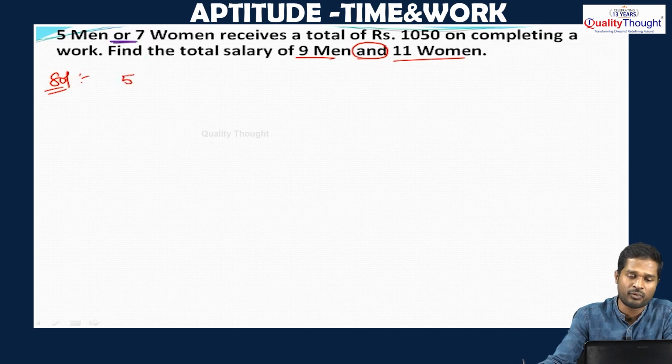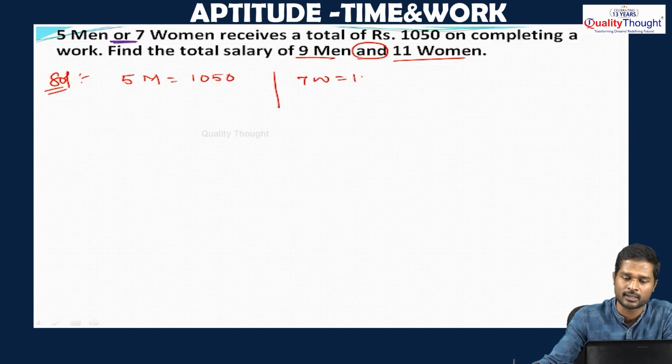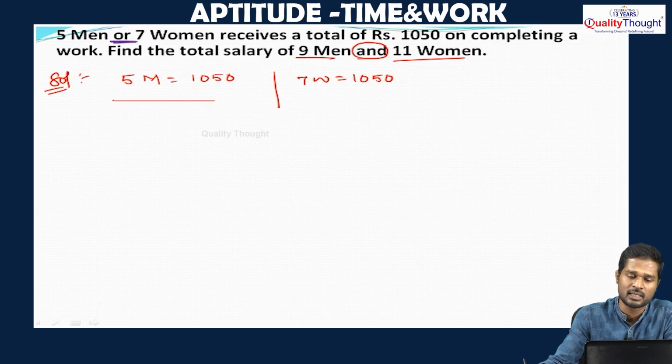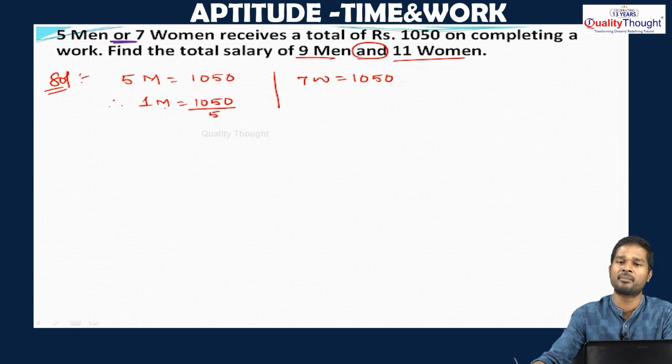That means 5 men will get a salary of 1050 rupees and 7 women also will get a salary of 1050 rupees. Now, from this let us find out the salary of one man, that is 1050 by 5. 1050 is equally shared among 5 people.